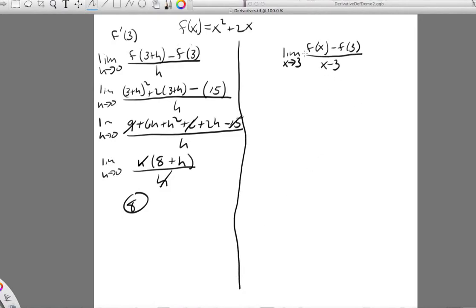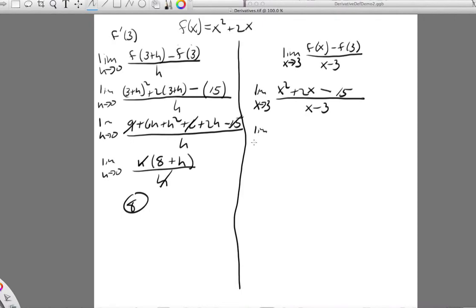We're going to do now, this is going to be f of x, which is nothing more than what it says. Literally, we're going to take the limit as x approaches 3 of x squared plus 2x minus, now f of 3 we've already determined that's going to be 15, all of which is over x minus 3.